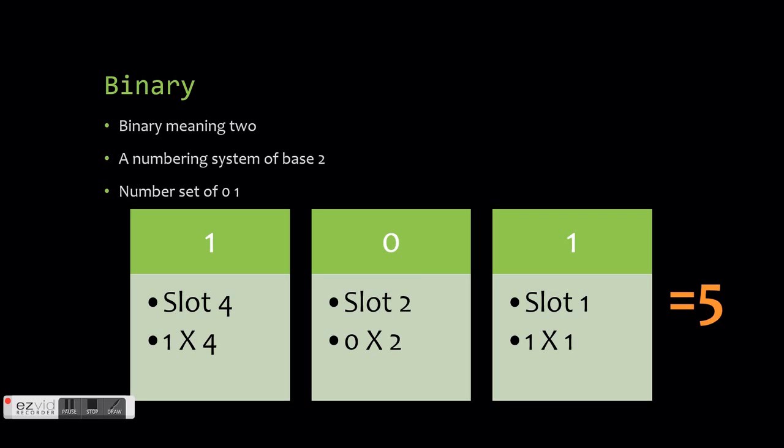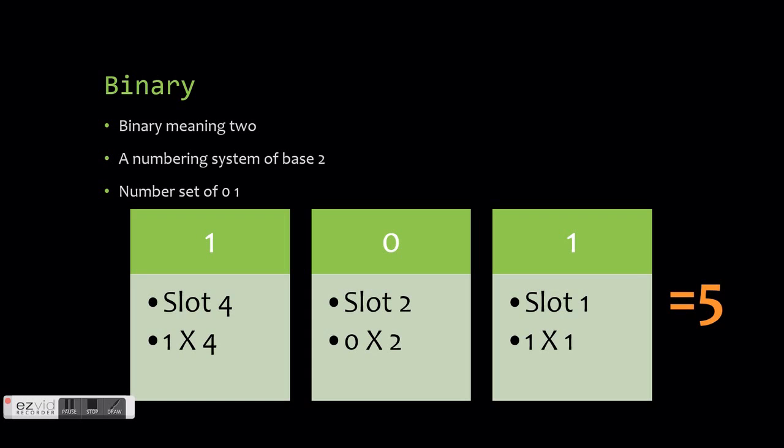Now let's calculate the value of our number, 1, 0, 1. Starting from the right, we multiply the value 1 times our slot 1. Then we take our slot 2 and multiply the value 0 times 2.